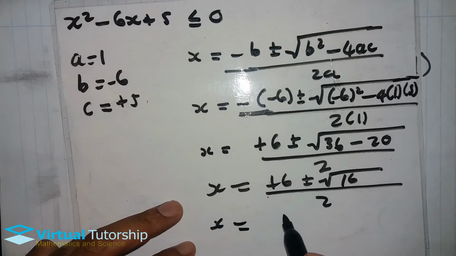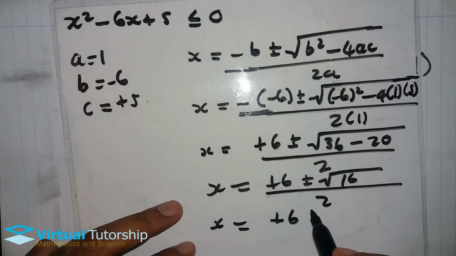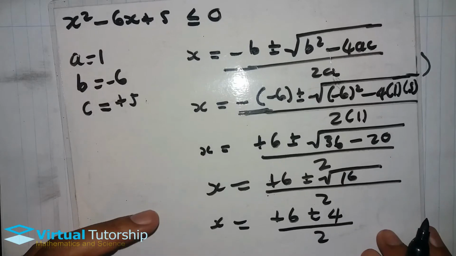So x is equal to plus 6 plus or minus the square root of 36 minus 20, it's 16, over 2. So x is equal to 6 plus or minus the square root of 16, it's 4, over 2.